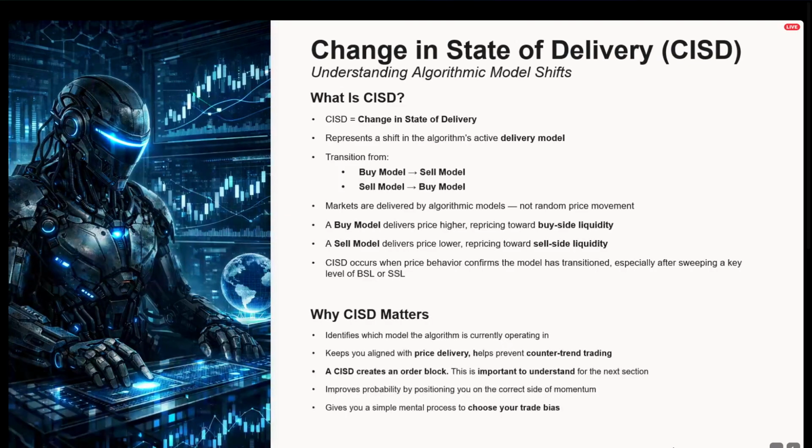If you know the active model, you can stop guessing. It gives you directional clarity, and it also helps you improve your trade selection. You're not just randomly lobbing trades out there. You're looking for a very specific signature reflected in the candlesticks that will allow you to initiate an entry model, which we will get into in other classes.